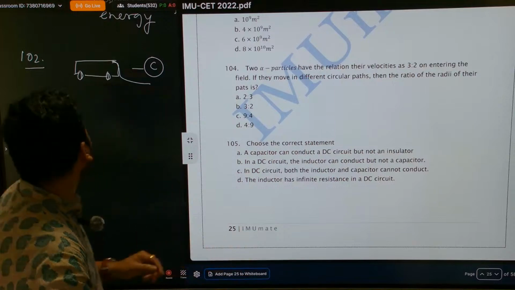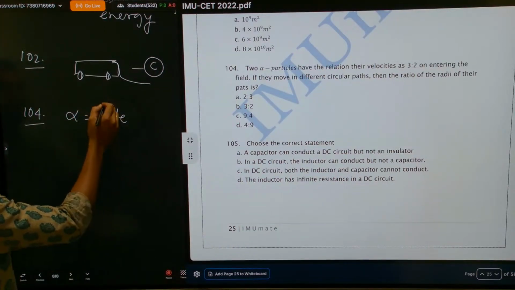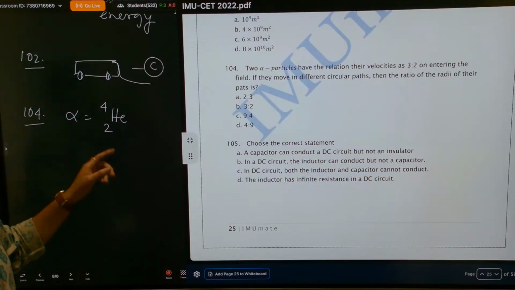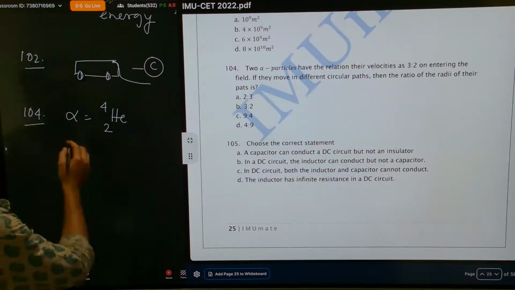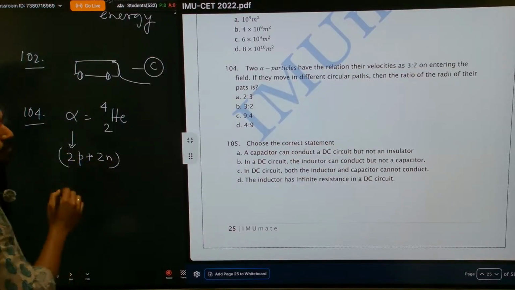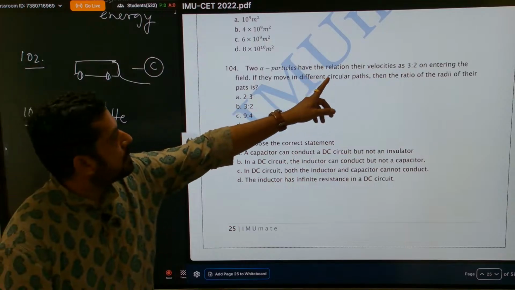What is an alpha particle? Do you know? Helium nucleus, mass number 4. Alpha particle has 2 protons and 2 neutrons.